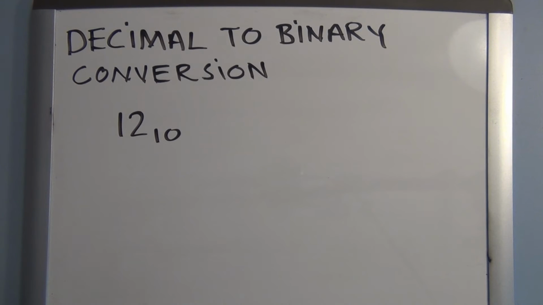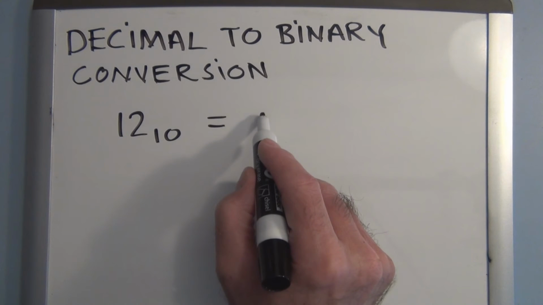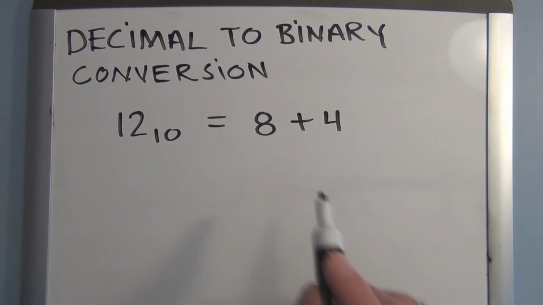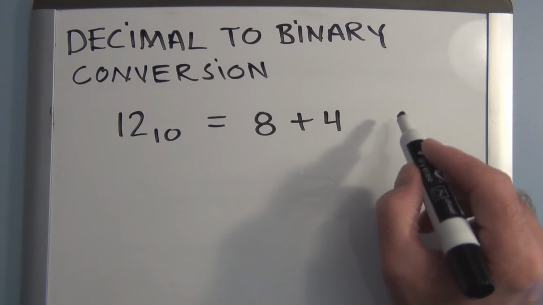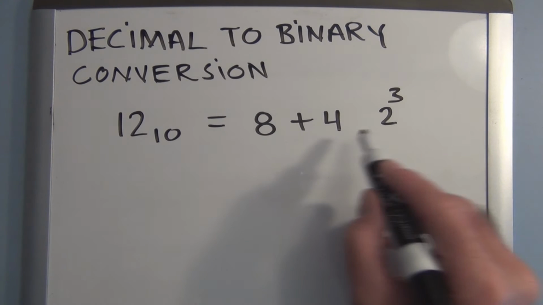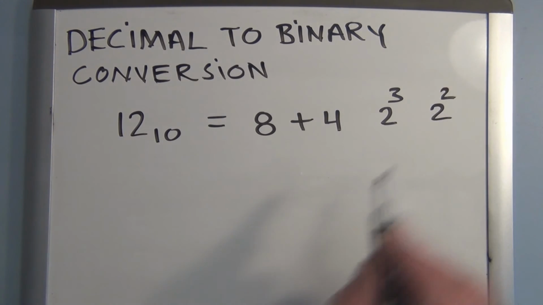So if we have 12 here, we can break this down into 8 plus 4. And we know that 8 is 2 to the 3. And we know that 4 is 2 to the 2.